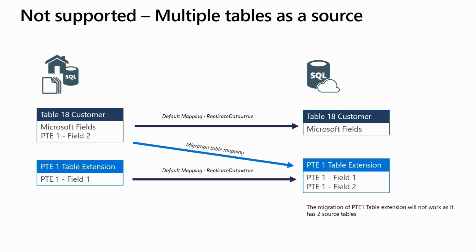The reason why is because then this table is being copied from two source tables, this one here and this one here, and it is not supported. In production, if you try to do this, we will copy the data from only a single table, while the data from the second table is not going to be copied.